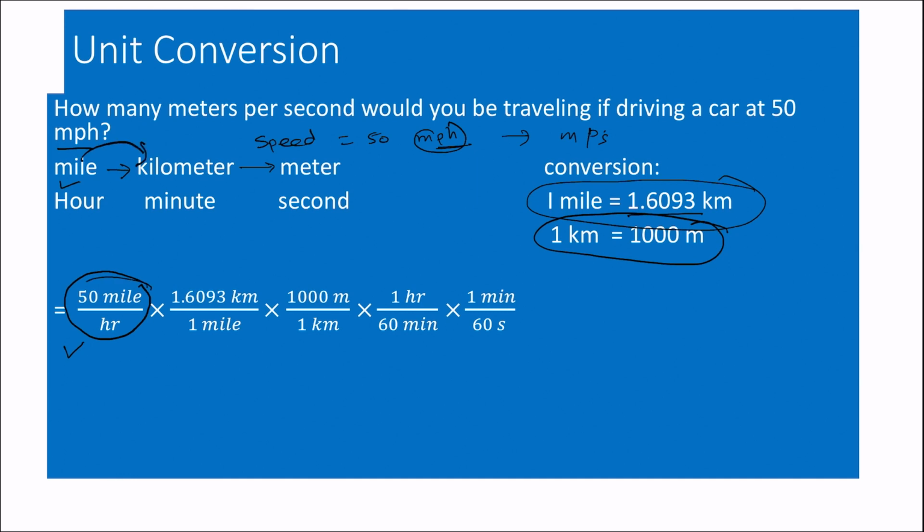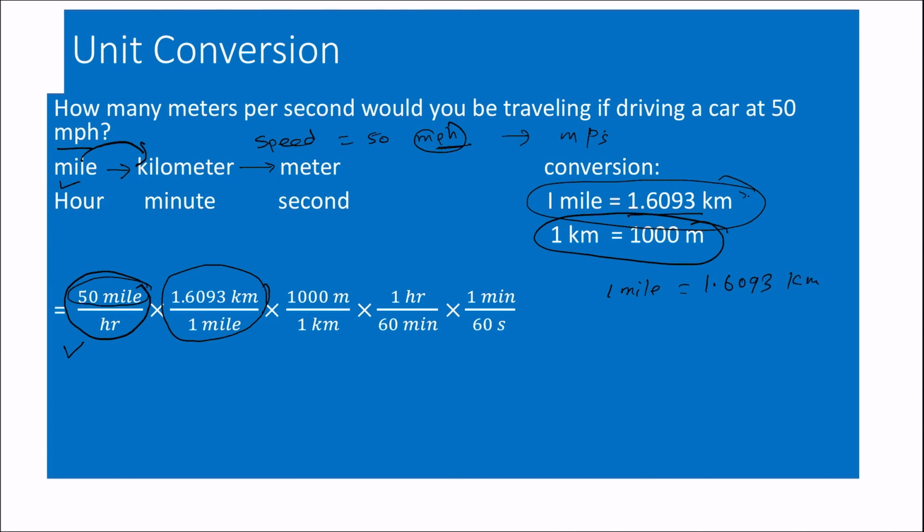Let's convert 50 miles into kilometers. Which factor do we use? This one: 1.6093 kilometers divided by 1 mile. Here is one thing I want to emphasize. You know, 1 mile is equal to 1.6093 kilometers.